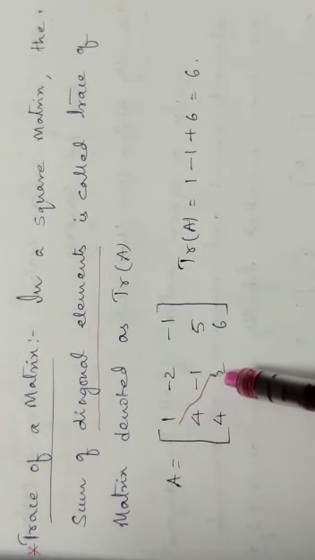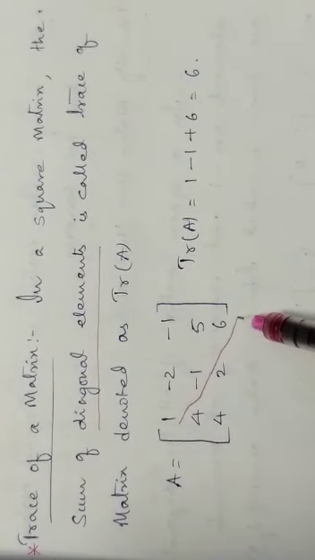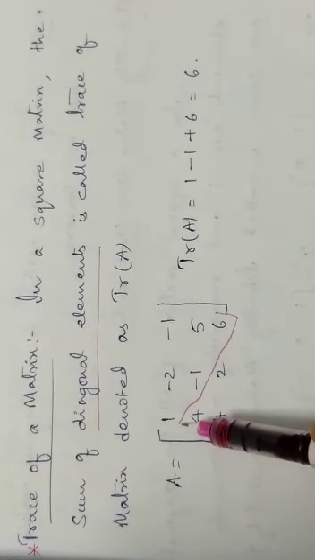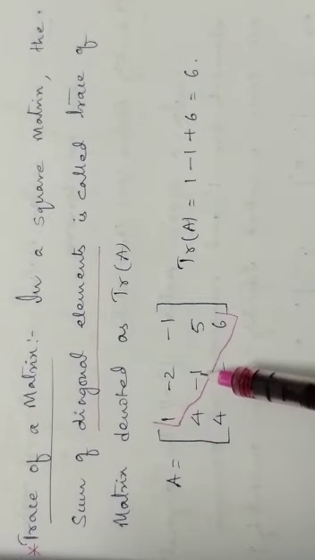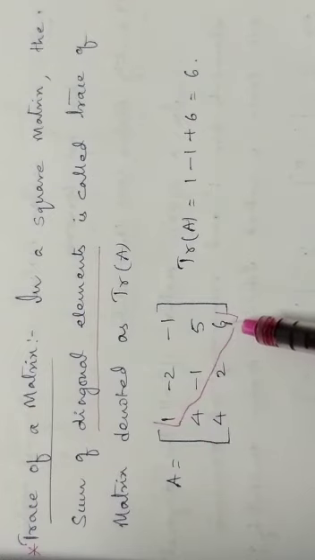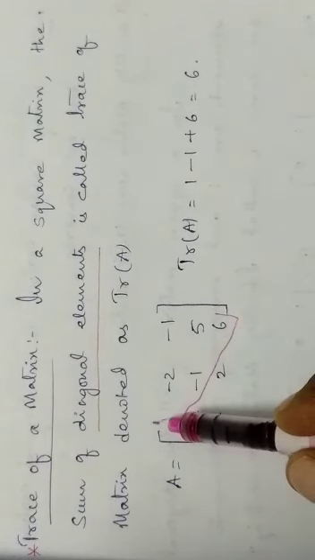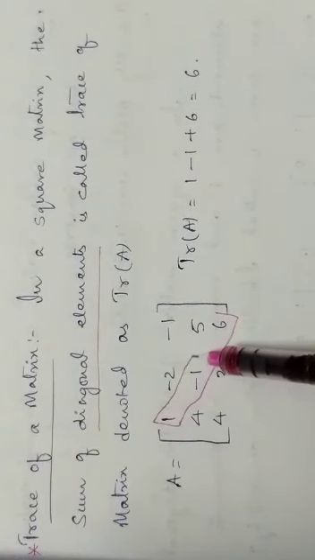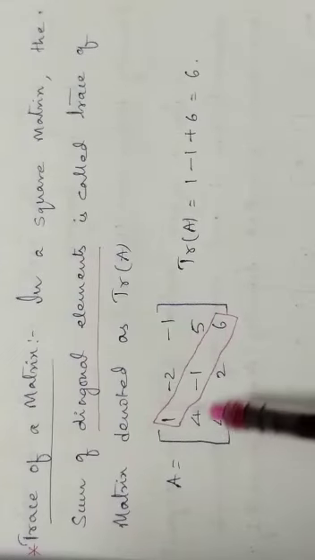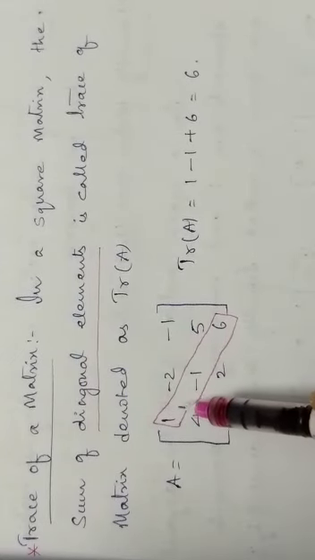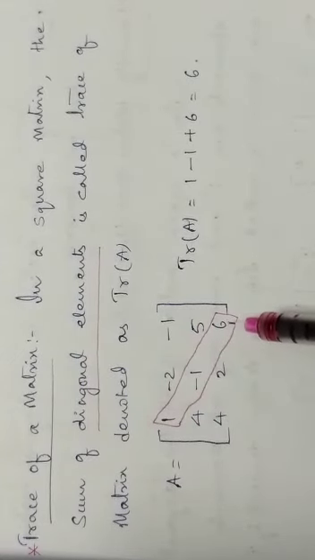So, what are the diagonal elements? First row, first column, second row, second column, third row, third column. These three elements which I am showing in a box are diagonal elements.